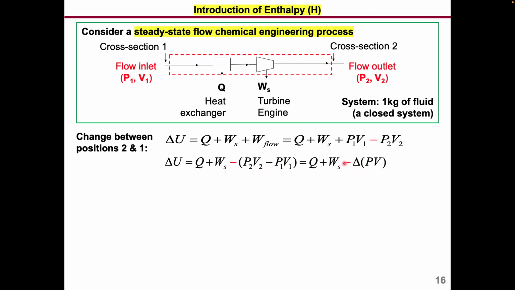So minus delta PV, final minus initial, but you have a minus sign in front. And then if you rearrange this equation by moving this to the left side, you can combine things: delta U plus delta PV, that is delta of U plus PV, is equal to Q plus WS.